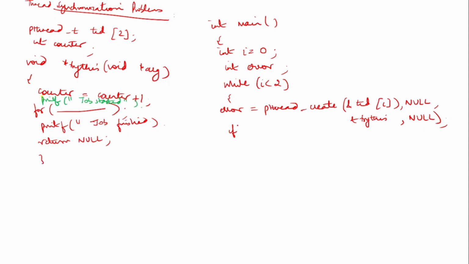So this is one function whose objective is first to create two threads. So two threads would be created. I am now simply joining those two threads.